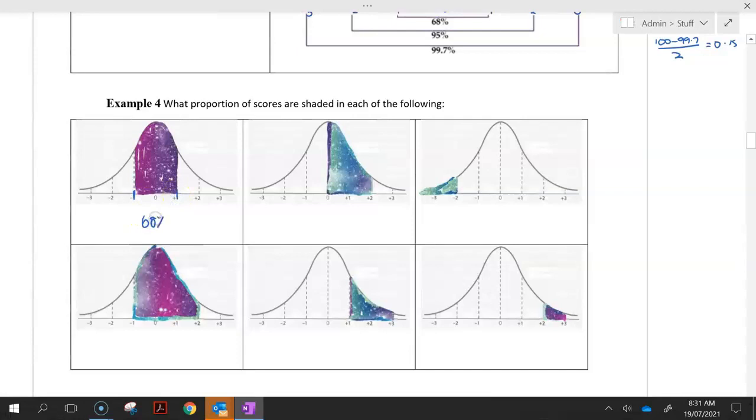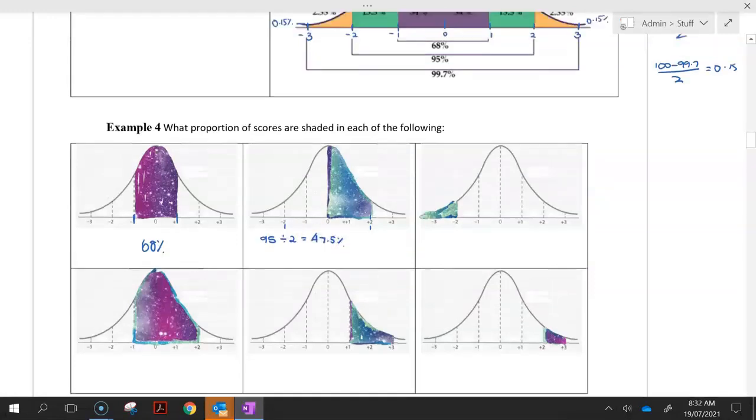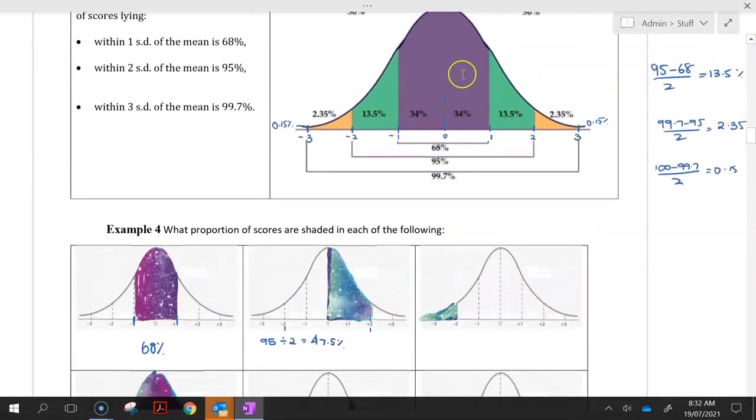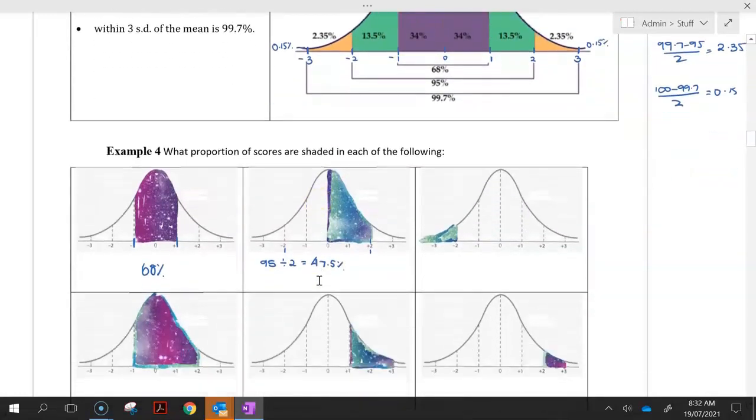Well, that's straight from the information, 68%. Between 0 and 2, well, I know between -2 and 2, it's 95. So I'm just going to divide that by 2 and I'll have the answer straight off. 47.5%. Some people prefer to work out these little percentages before they even start their test, and they'll just add up 34 and 13.5 and get the same answer. It's up to you.